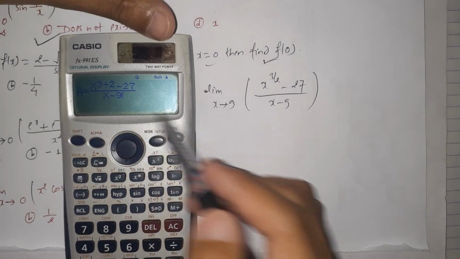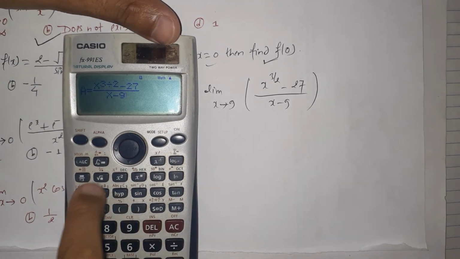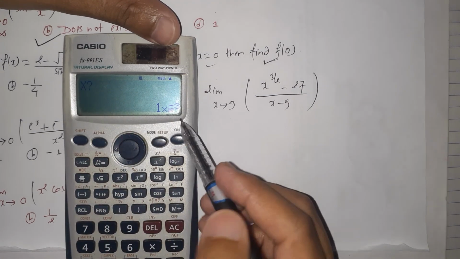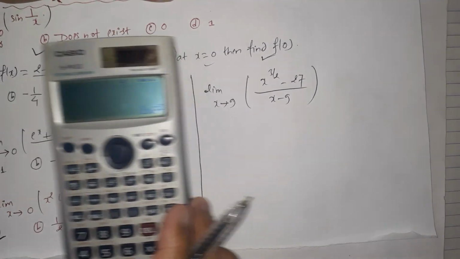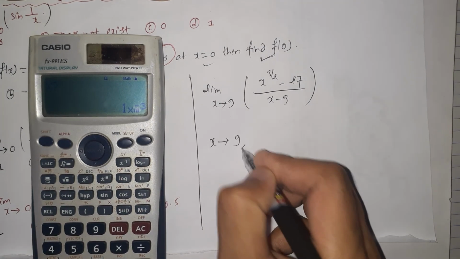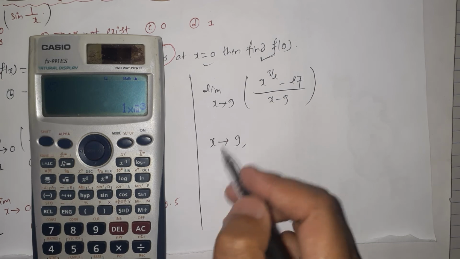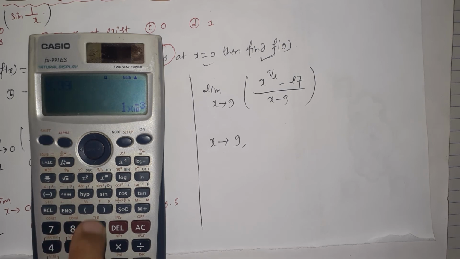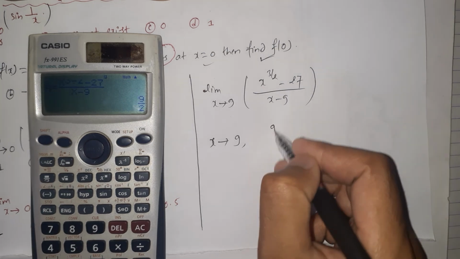Here we just type the given function on the calculator and then press the calc button. Here the input is required. Let's give the input according to the limit approach. Here x approaches 9, so giving values of x very close to 9. Let's approach from the left side, 8.99999, and at this situation the function value is 9 over 2.